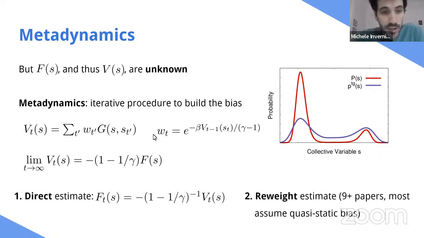This also gives me two ways to estimate the free energy. One is a direct estimate, which is by inverting this formula. And the other way is to do reweighting, as we said before. But since the metadynamics bias is always changing, doing reweighting in metadynamics is non-trivial. There have been several different possibilities of doing this.